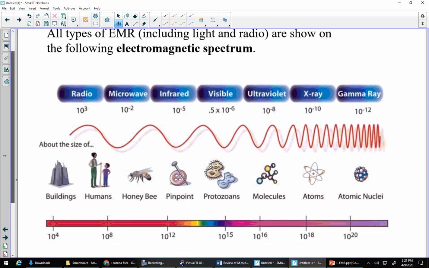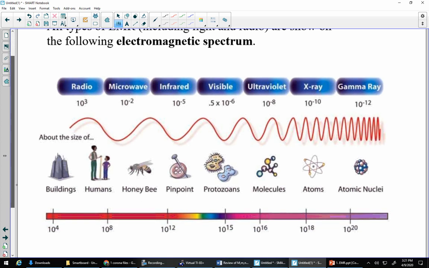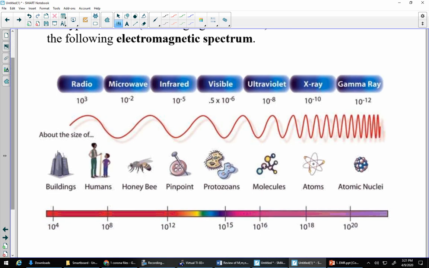And then as people did more and more experiments with this, they figured out that every little piece of this electromagnetic spectrum is essentially exactly the same, from radio waves, microwave, infrared, visible, ultraviolet, X-ray, and gamma rays. So from the biggest wavelengths, kilometers long, the size of buildings, to the smallest wavelengths, the size of nuclei, tiny, tiny wavelengths, they all behave essentially the same.